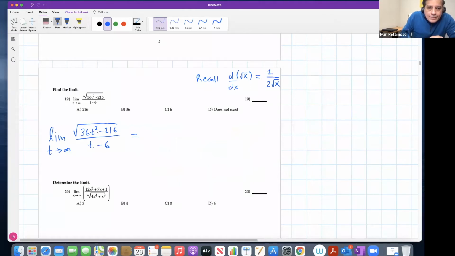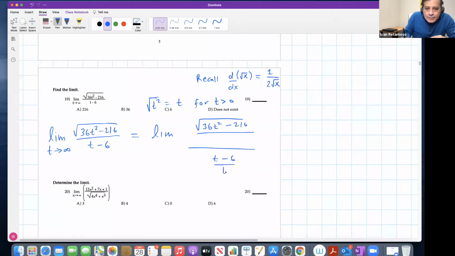The other method said you are supposed to use this fact: the square root of t squared equals t, for t positive, which is the case because t goes to infinity. Then we take the limit of 36t squared minus 216 over this guy, t, and this one also divided by t, but instead of writing t, you write the square root of t squared.